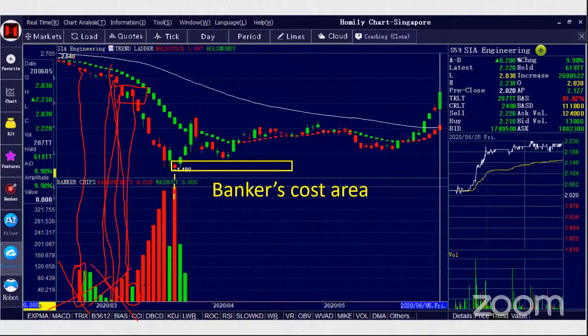Okay, so next time we have a lot of red bars appear. The last red bar here corresponds to this candle, and the first red bar corresponds to this candle. But this banker's cost area is a very wide range, and the price didn't really stand above the top.